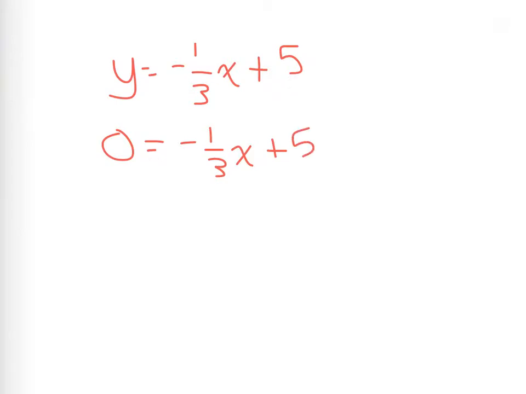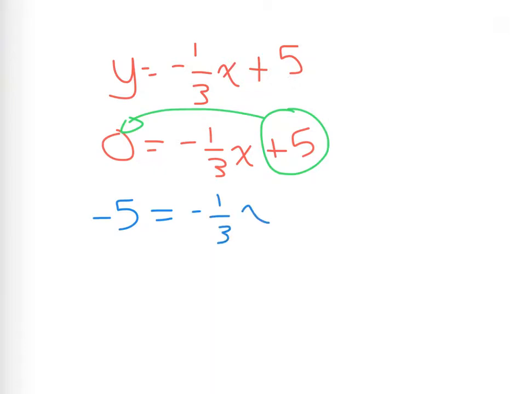Now let's isolate by inverting this operation, taking the plus 5 and bringing it over to the other side. So it's going to become negative 5, right? Because over here it is plus 5, on this side it's going to be minus 5. Negative 5 equals negative 1/3 x. And now to isolate the x, I have to multiply by the inverse.